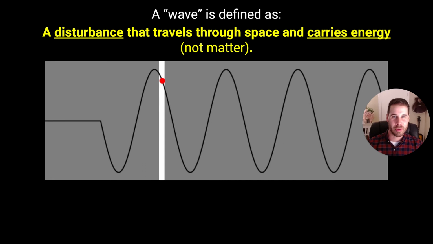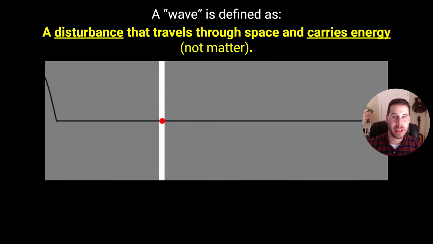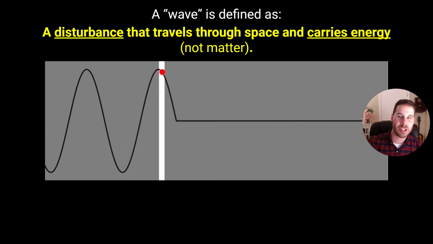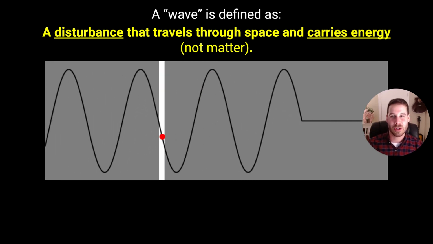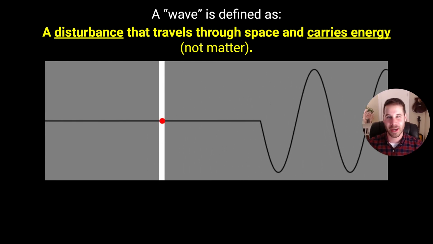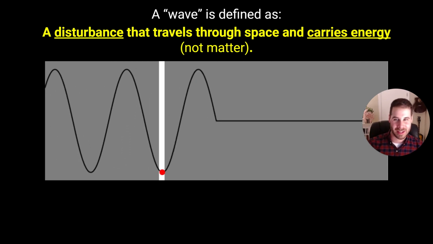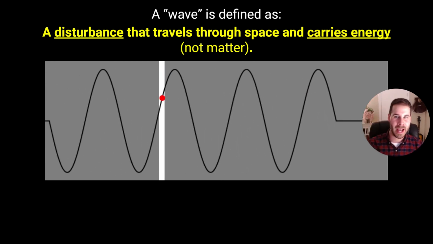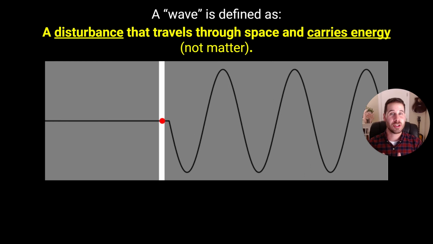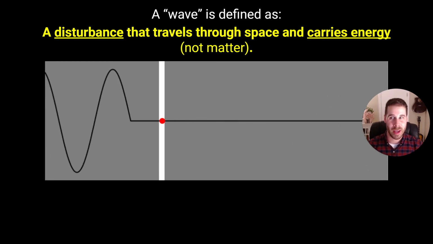Here's an example of this. This animation is going to reset in a second and show a spot on the surface of a lake or a river or a stream. And let's say someone is splashing and sends a bunch of waves towards that spot at the water. Or maybe there's like a duck sitting on top of the water, and that could be the red dot. As the wave approaches, you'll see that duck, let's say, bobbing up and down in the water, but they won't actually travel any significant distance forward or backward as a result of those incoming waves.